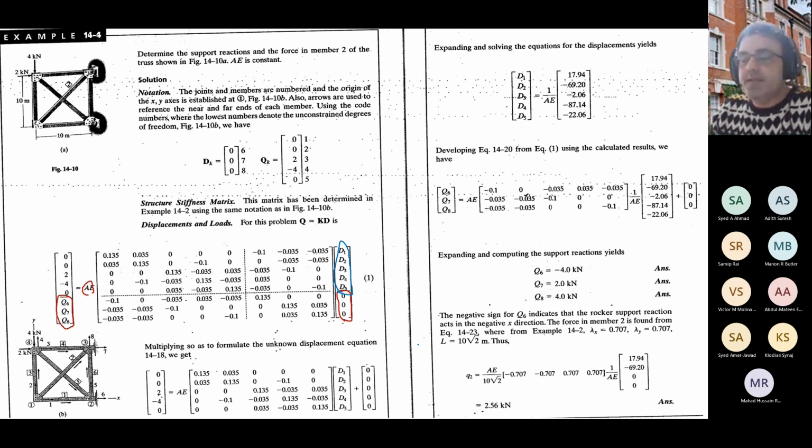We need to calculate them. And always when we have unknowns like this, on the left-hand side of the equation we have external forces, which are known, right? So we want to solve this structure for two external forces applied in node number 4.